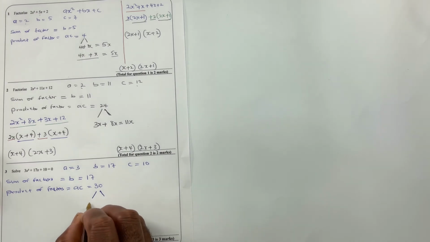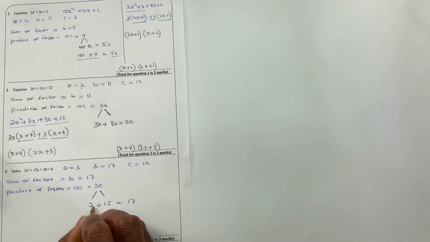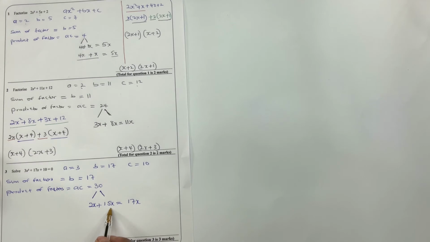Now 30 will give me 2 and 15, and when I add them together, I get 17. So that's a plus. If I put x here and x there, I can replace 17x with 2x plus 15x.